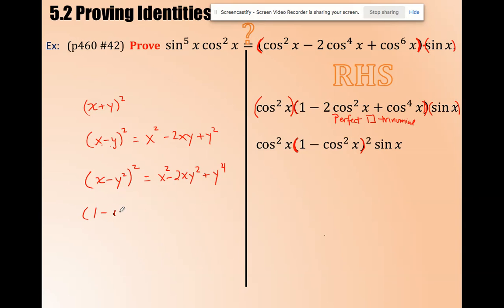1 minus cosine x, squared, all squared, is 1 squared minus 1 times cosine squared doubled plus cosine squared squared.